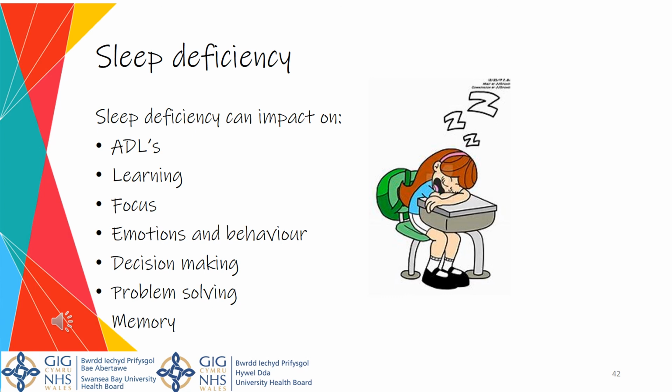Sleep deficiency can cause problems with activities of daily living, including learning, focusing and mood. Children who don't get enough sleep may have trouble making decisions, solving problems, remembering things, controlling their emotions and behaviour, and coping with change. They may take longer to finish tasks and have a slower reaction time. They may also make more mistakes.